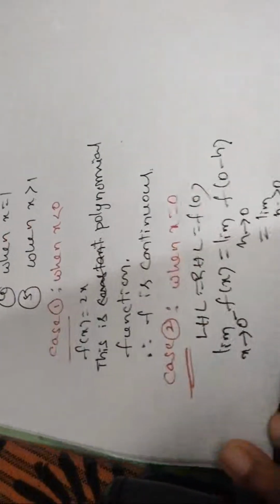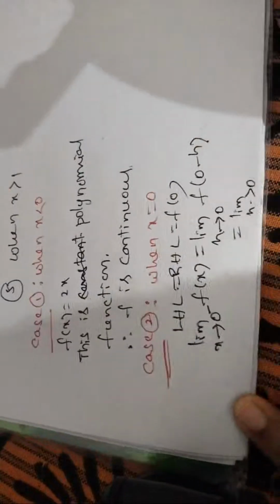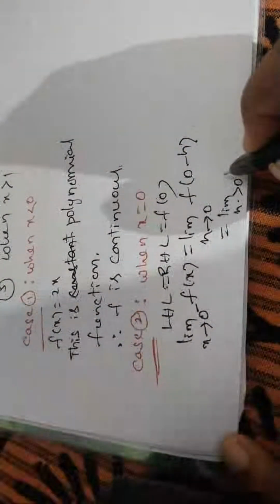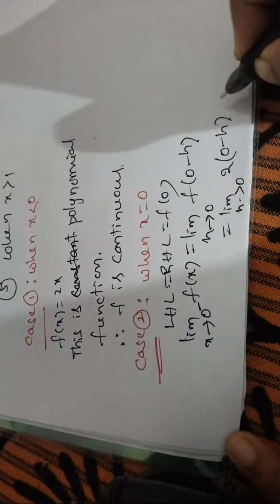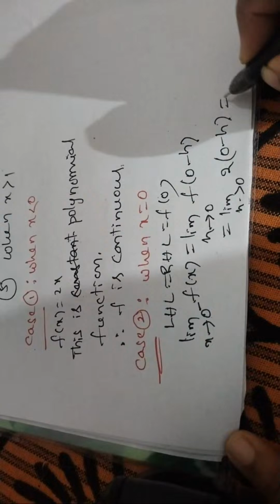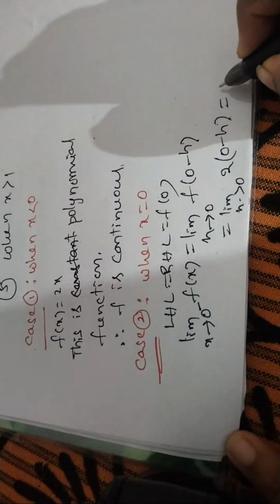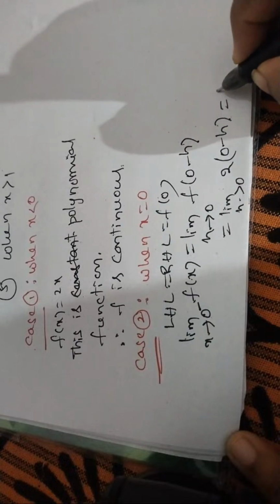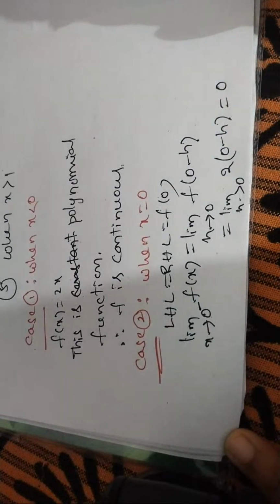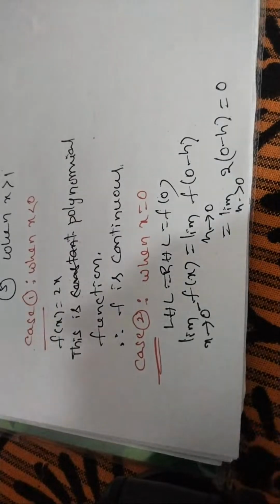So here we'll write 2 times (0 minus h). Now put the h value here. So we'll get 0 minus 0, which is 0 only.